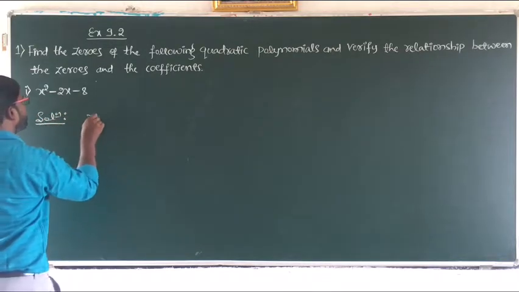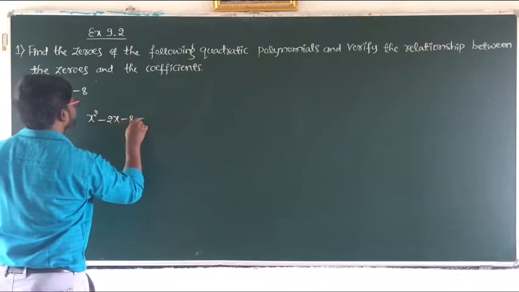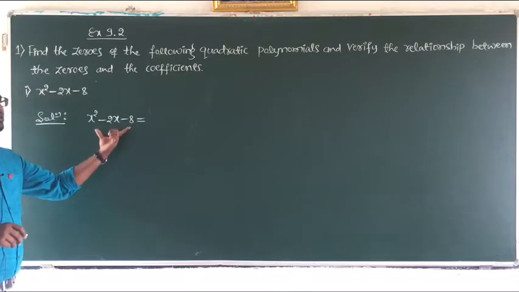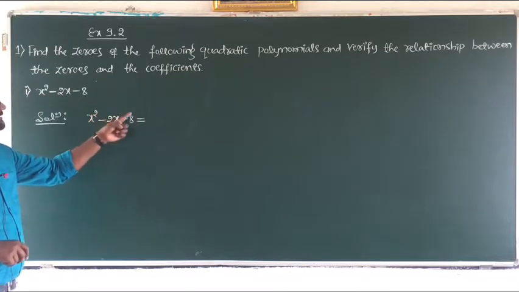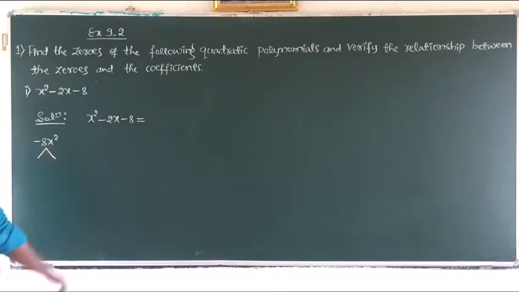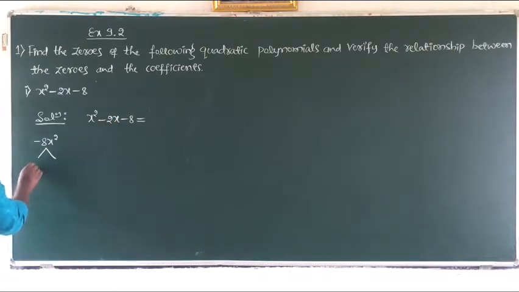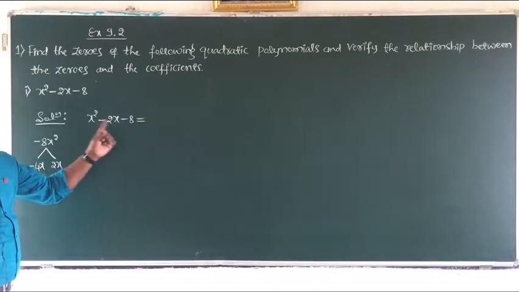x square minus 2x minus 8. Let us factorize this. Multiply the first and last term, the product is minus 8x square. Now we have to select the factors in such a way that we get the middle term. Here I take minus 4x then plus 2x; multiply these two we get the product, and add these two we get the middle term.